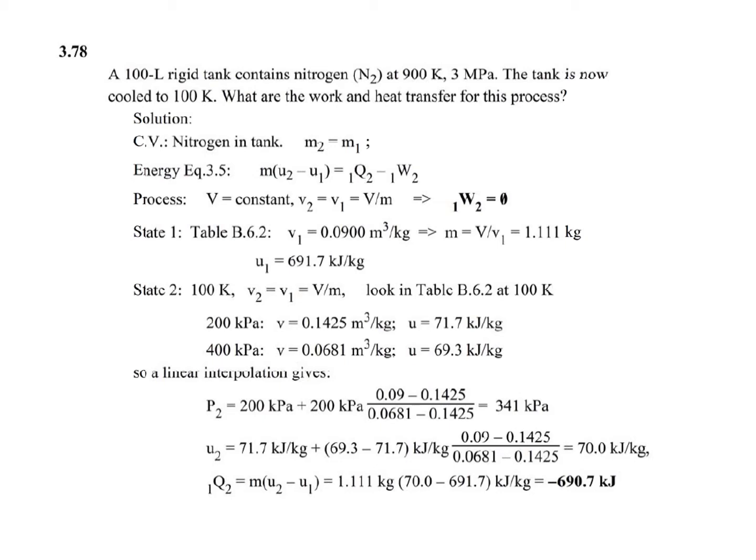Now the second state is 100 kilopascal, and the initial volume is the same as the final volume because it is a rigid tank. There will be no change in volume, so there will be no work, and only the amount of energy we provide matters. The greater the amount of energy we provide to the system, the higher will be the difference of internal energy.